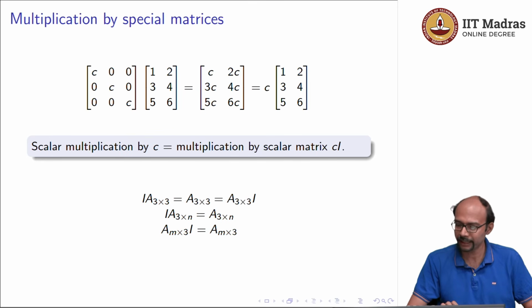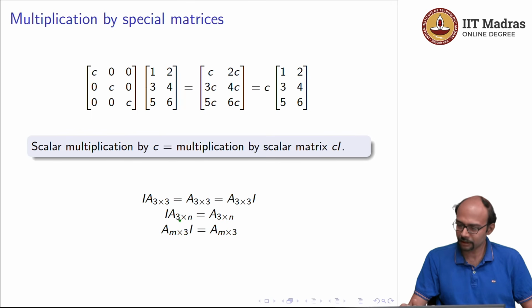So if you have, let's say, a 3 by 3 matrix, and you take the identity matrix of size 3 by 3, again, you will know from context which identity matrix we are using, then I times A is the same as A, because you can pull out the 1. Nothing is happening. You are multiplying by 1. Which is the same as A times I. I'll encourage you to check these formulae.